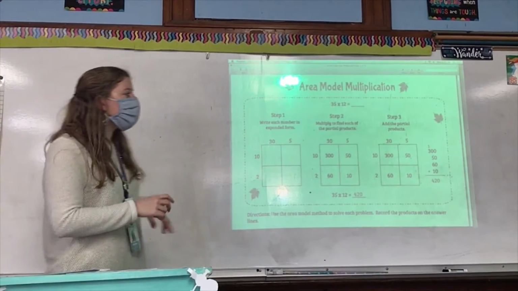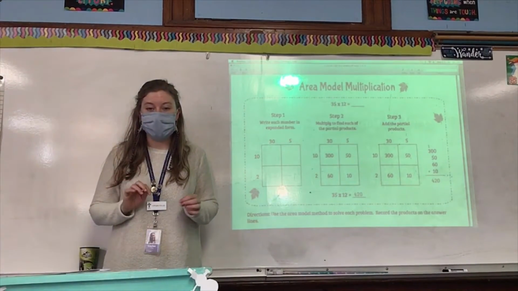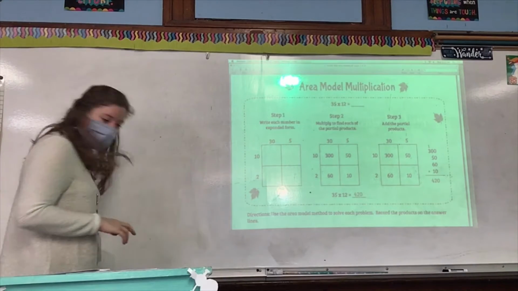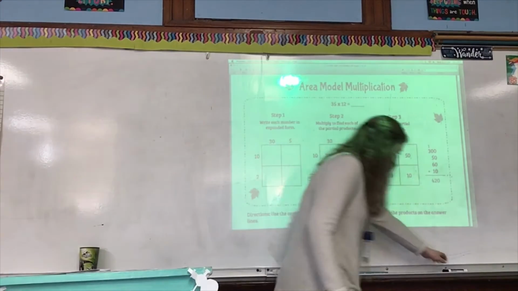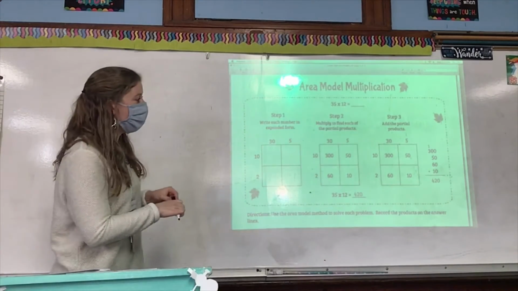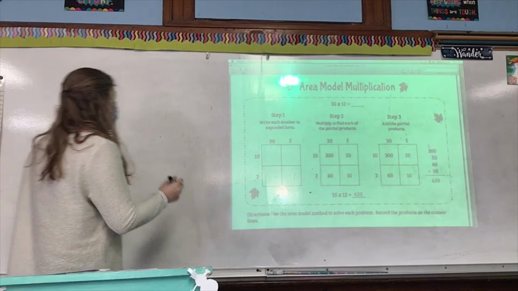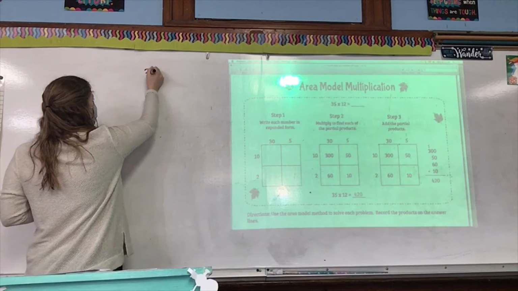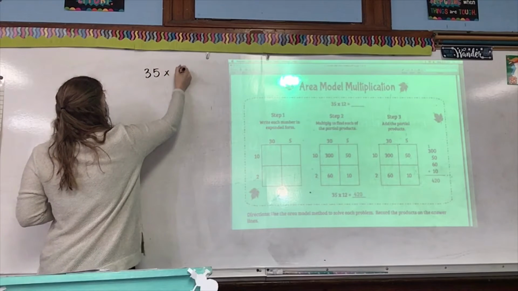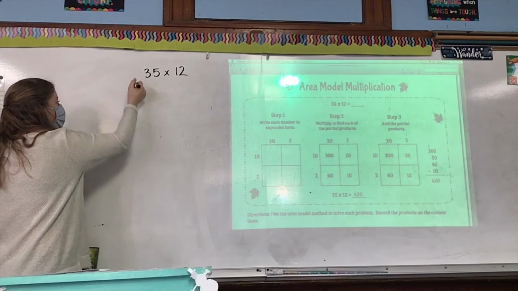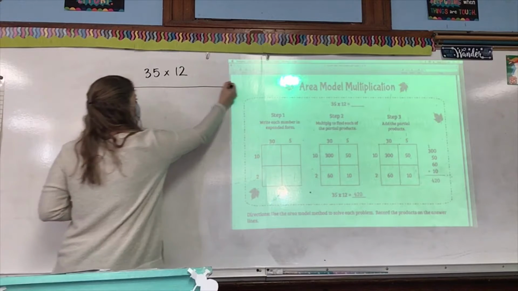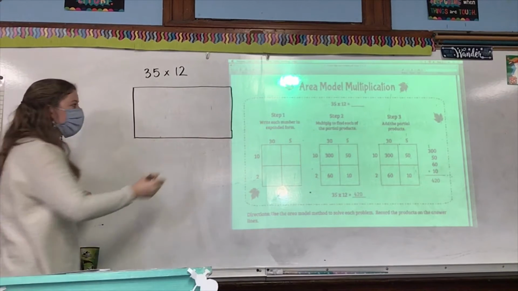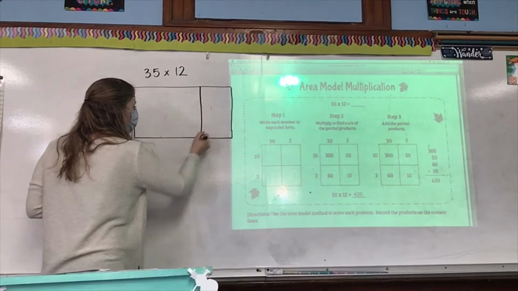So today we're going to be doing the same thing as yesterday. We're just breaking it down a little more. Yesterday we did area models that looked like this. If we had the problem 35 times 12, what we would do is make one rectangle, and then split it into two pieces.